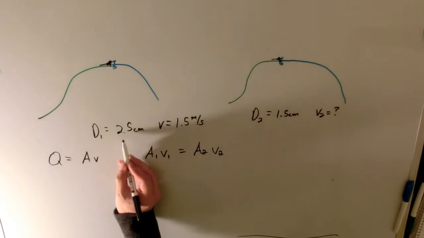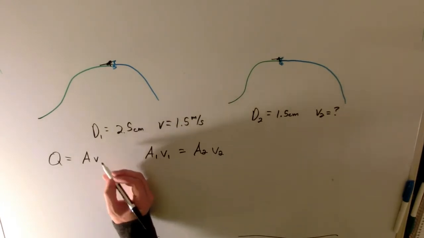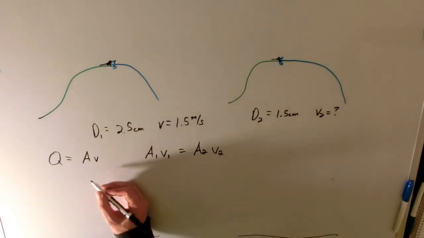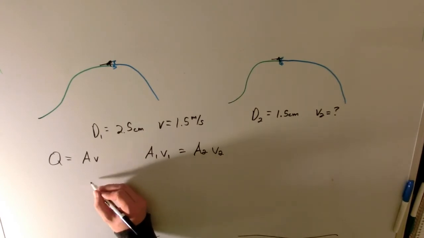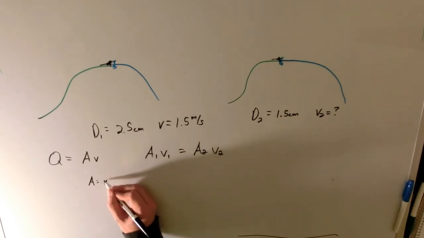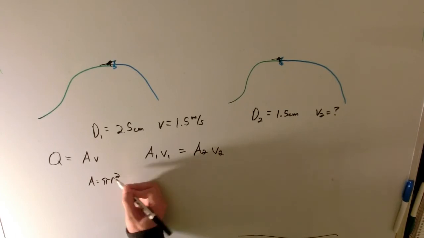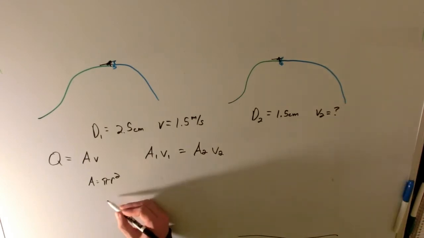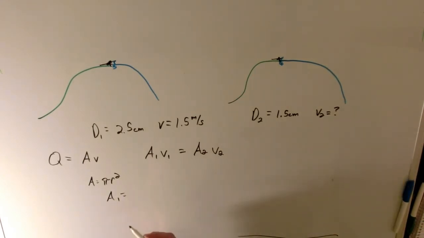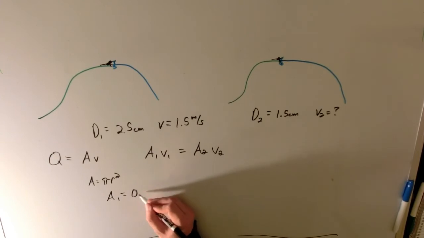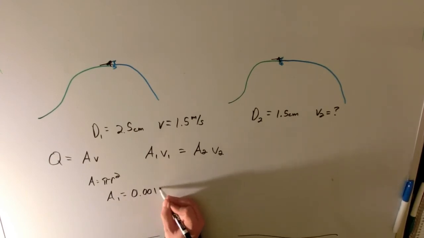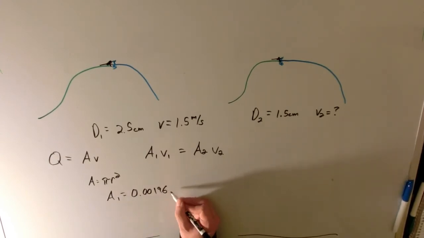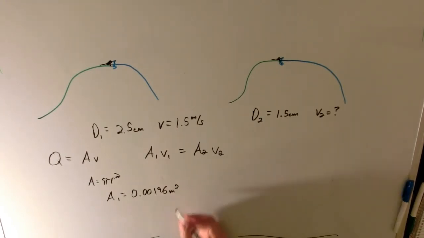So, this is a diameter, so be careful. We're going to assume that it's circular. And so our area is going to be pi r squared, where r is our diameter divided by 2. If I've done the numbers correctly, the area here should come up to about 0.00196 square meters.